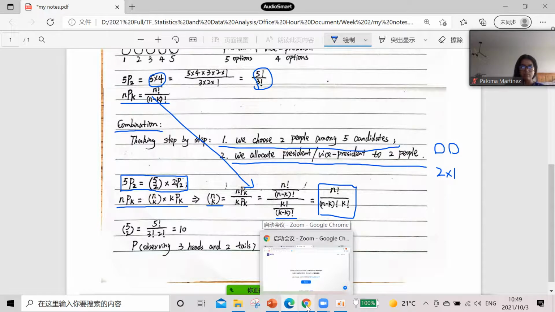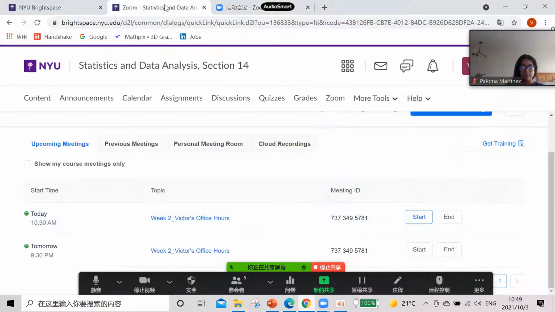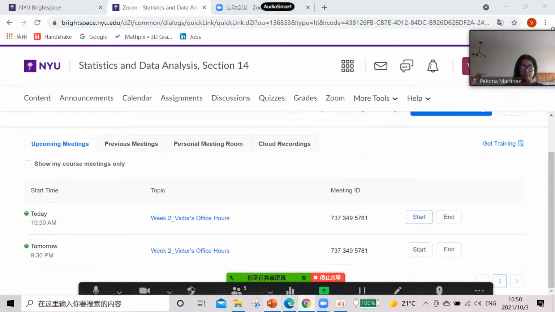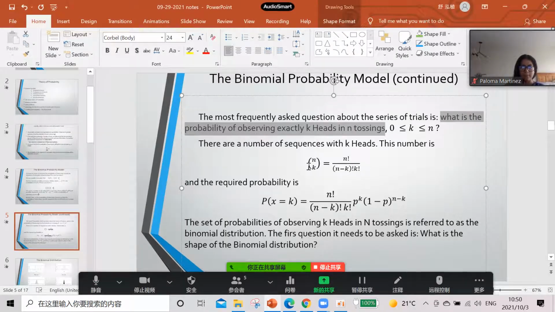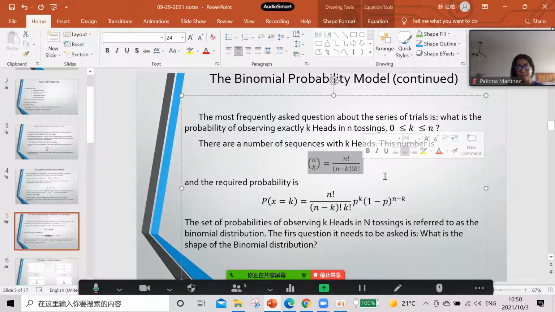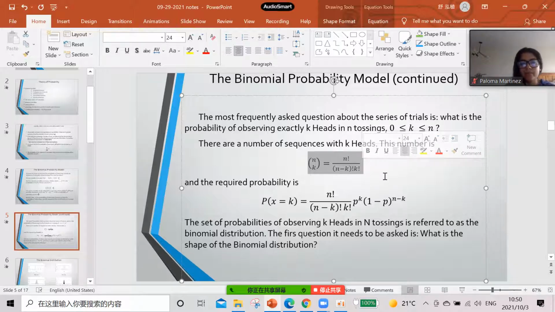So I guess somehow you understand this formula. I don't think the professor walks you through how to get this formula in class, but that's something you can understand. By understanding this, our last step is to solve this problem.